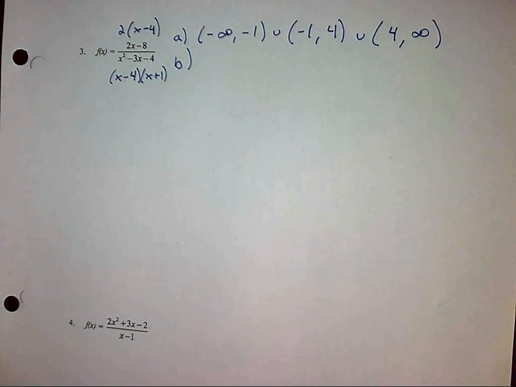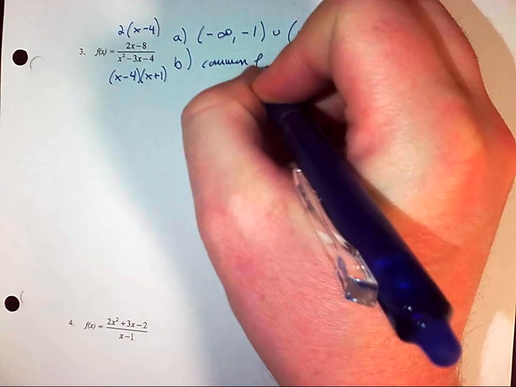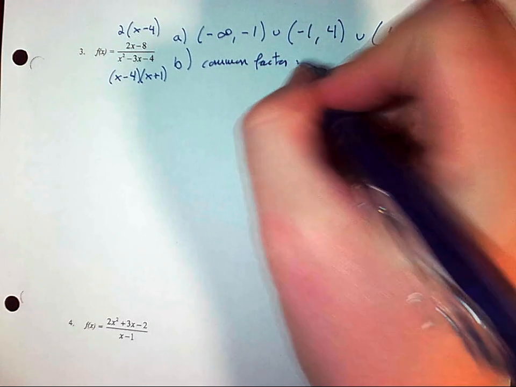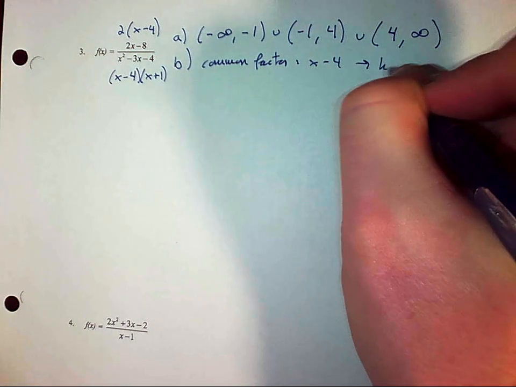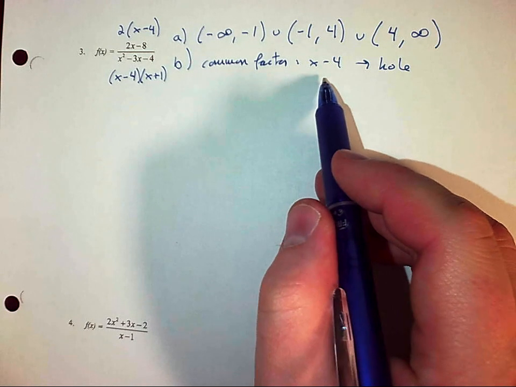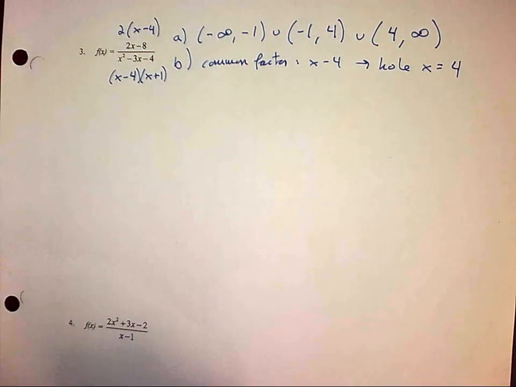I can pull a 2 out of both those things. So the x minus 4 are the factors that we have in common. So the common factor is x minus 4. Therefore, the hole is what's going to make this equal to 0, and what's going to make this equal to 0 is when x is equal to 4.